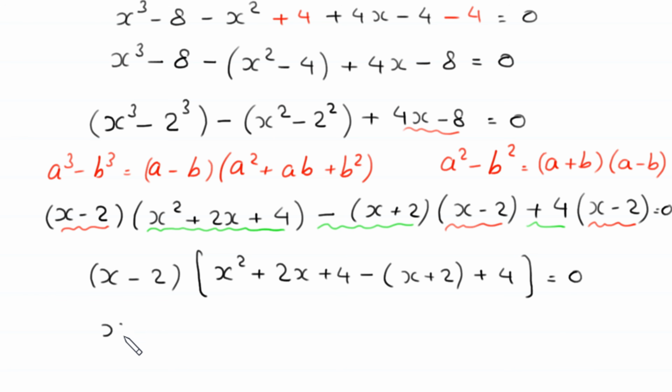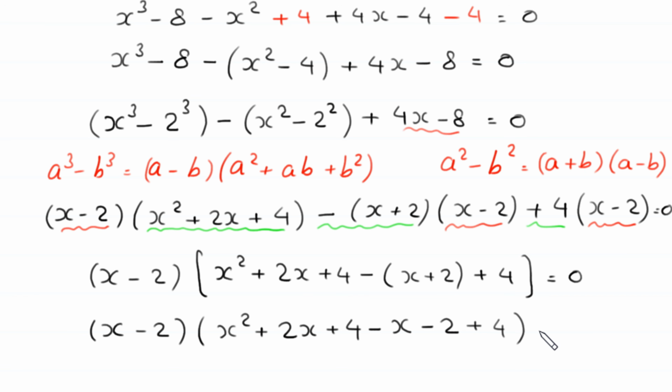Next, x minus 2 times x squared plus 2 times x plus 4. This negative sign will change the signs of these two terms. This positive x will become negative x, this plus 2 will become negative 2, plus this 4 is equal to 0.